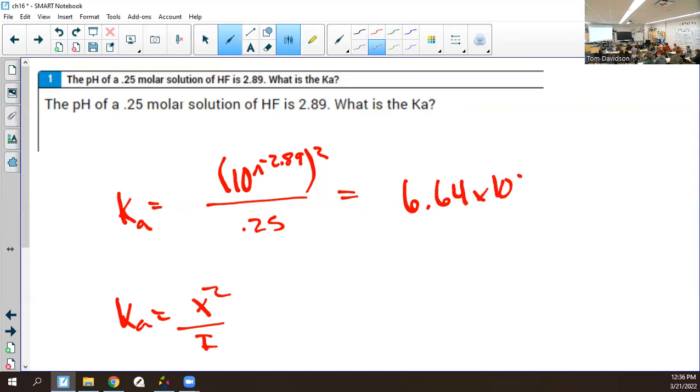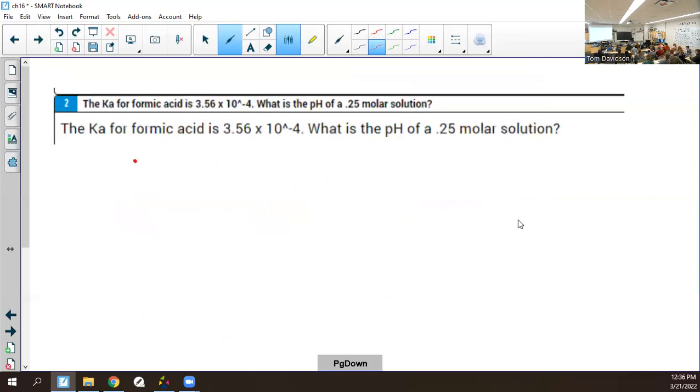Negative 6? There's a lot of sixes in there. We agree? Okay, now different. The Ka for formic acid is this. What's the pH of a 0.25 molar solution? Take a minute, see if you can get this one.